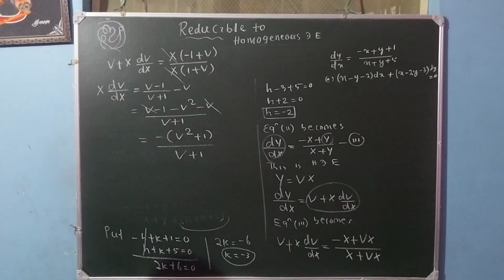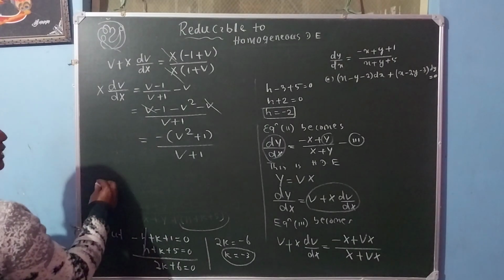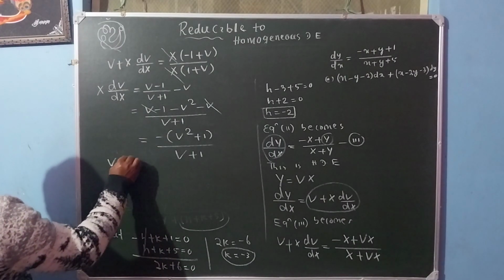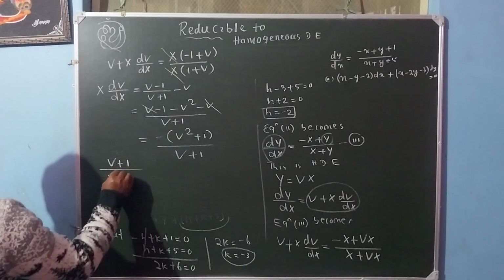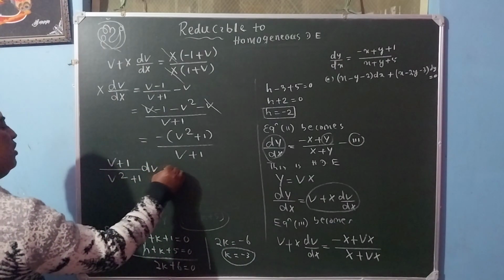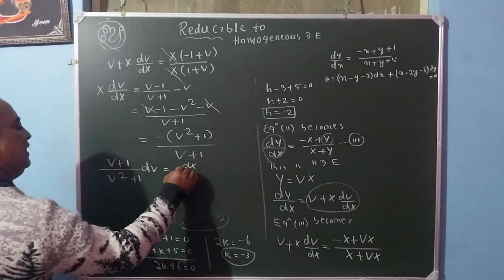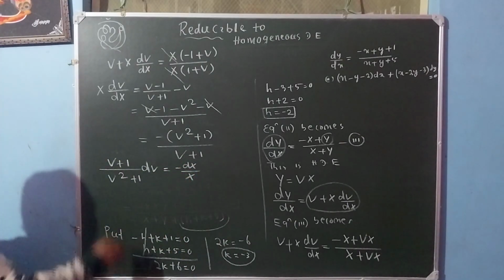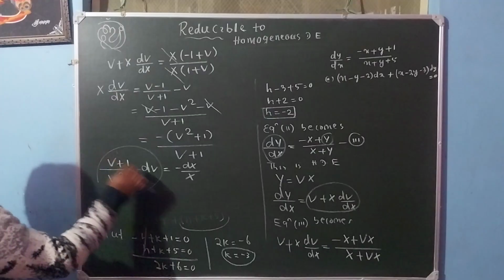Now separating the variables, we get (v plus 1) divided by (v square plus 1) into dv is equal to minus dx by x. So variables separated.